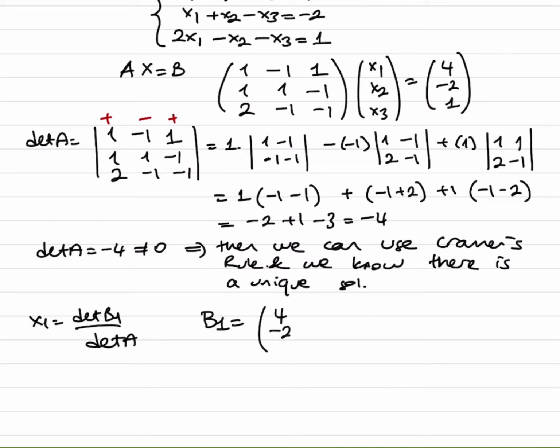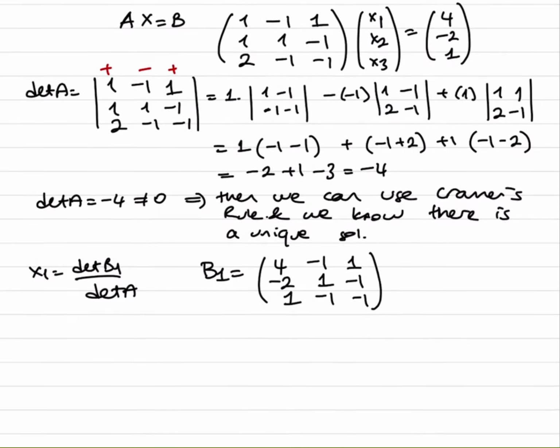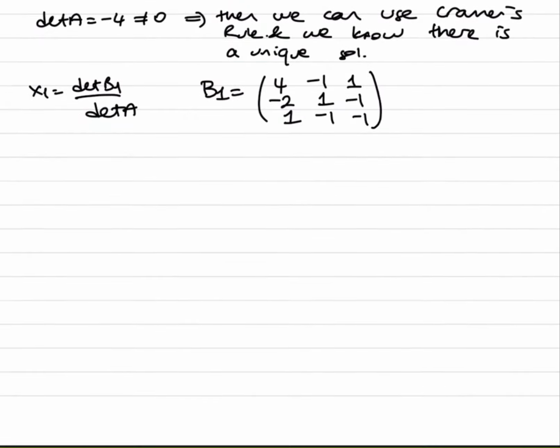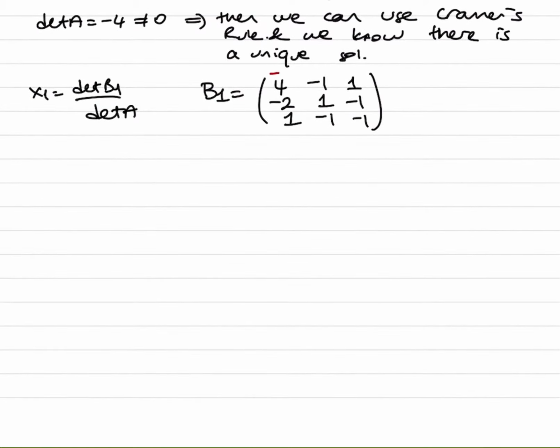Okay, (4, -2, 1), and the rest is the same as A. Let me compute the determinant of B1, but I will leave the determinants of B2 and B3 to you.